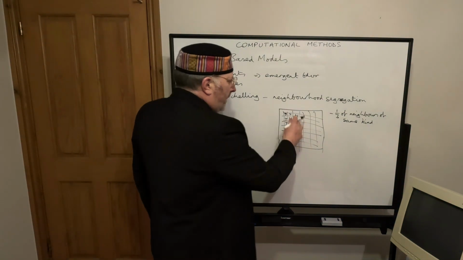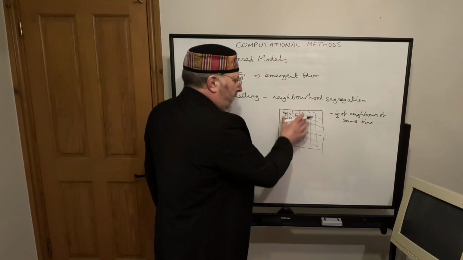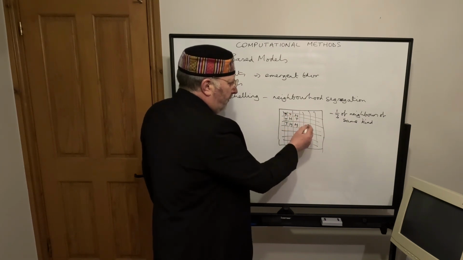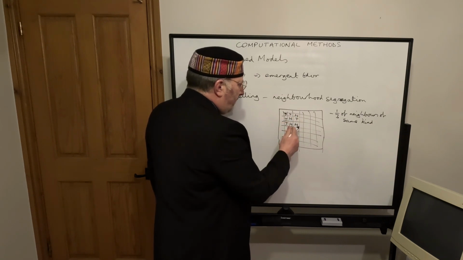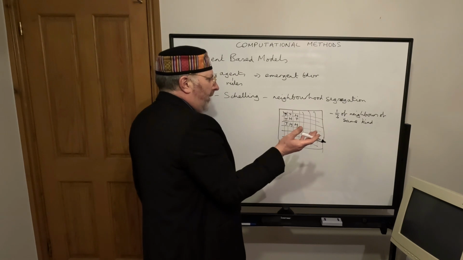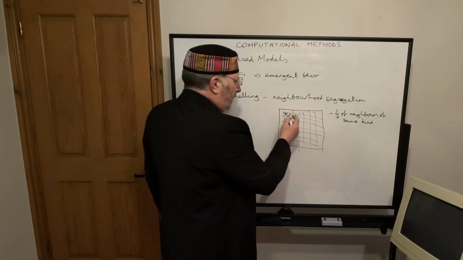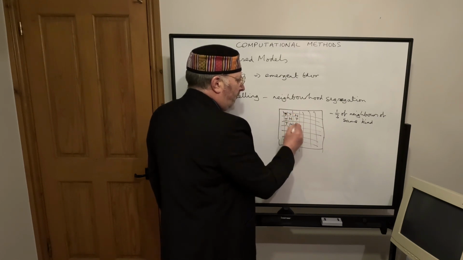And I think he used 45 coins, some heads, some tails.